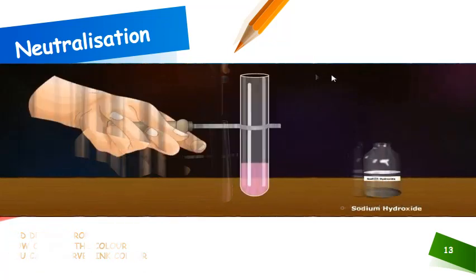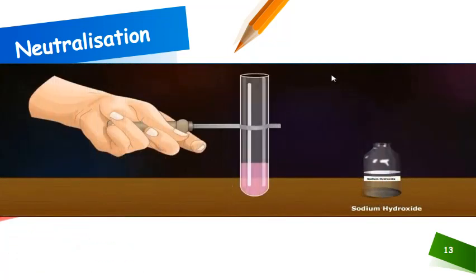So here, already you learned that when base is added, phenolphthalein turns pink, but initially acid is present. Then when you add the base, a reaction takes place between the acid and the base. It becomes neutral.